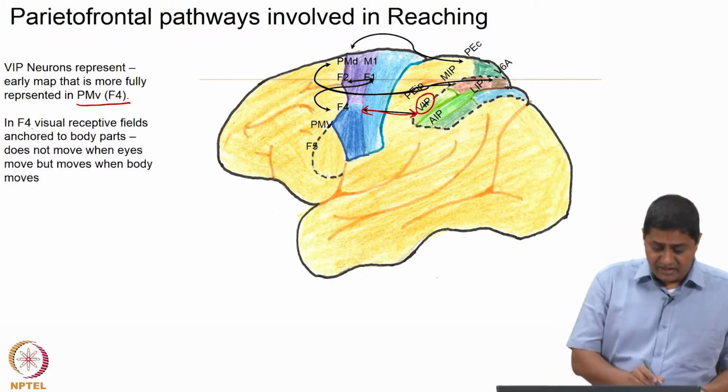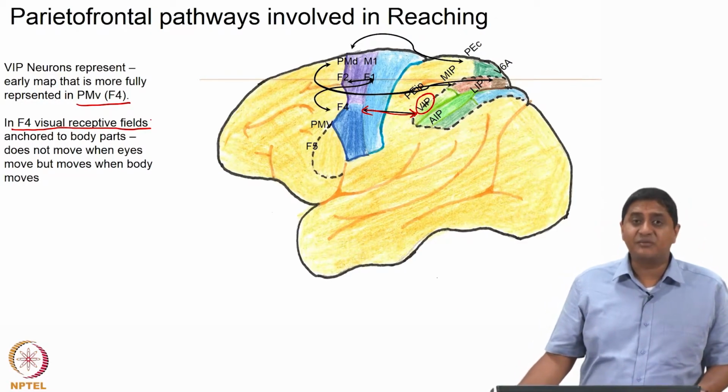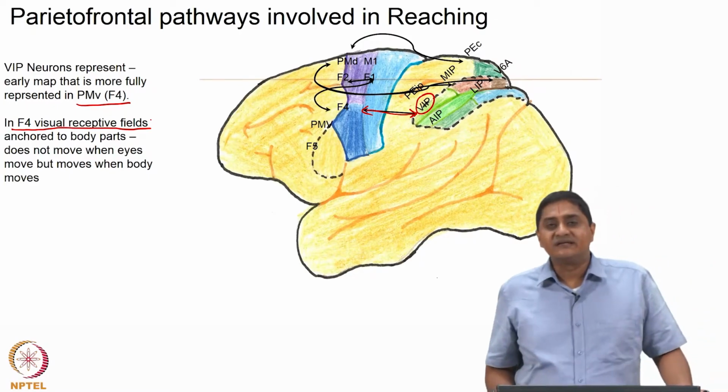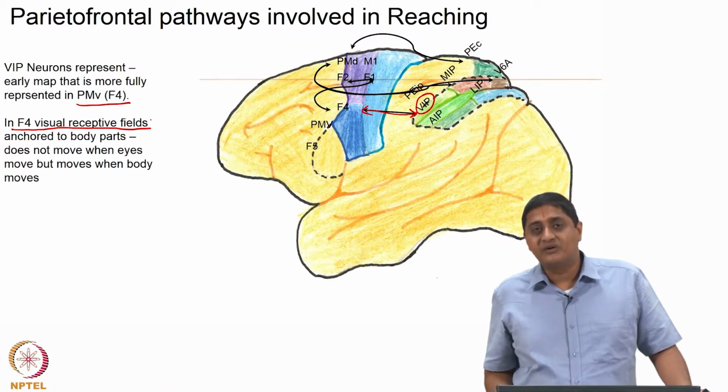F4 or the ventral premotor region actually has visual receptive fields that are anchored to specific body parts. So, that means that this particular region has something to do with the state of a particular part of the body.